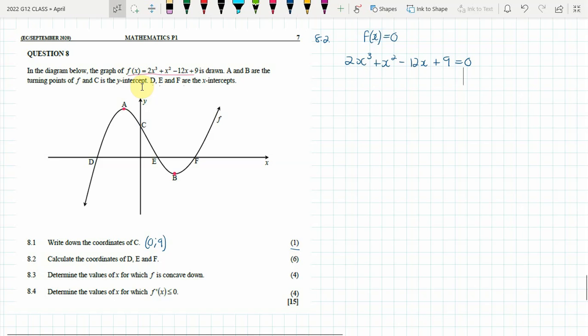Okay, are you working it out? For this I normally use synthetic division.